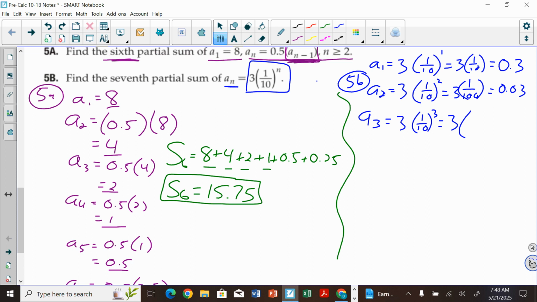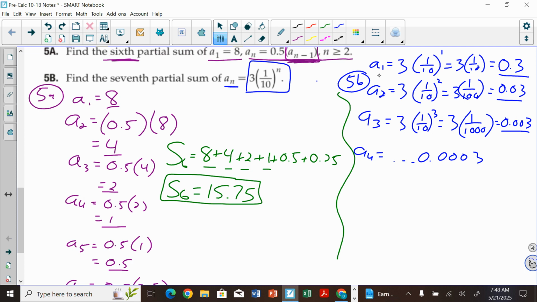So that's 3 times 1 over 1,000 or 3/1000ths, which would be 0.003. Hopefully you're starting to notice the pattern here. You got 0.3, 0.03, 0.003. So if we kept doing this work, it's going to be the same thing. You're going to get 0.0003 and so on and so forth for the rest of them.